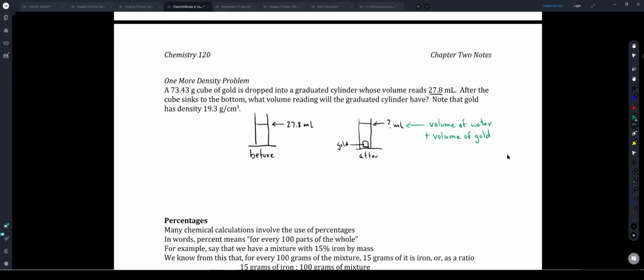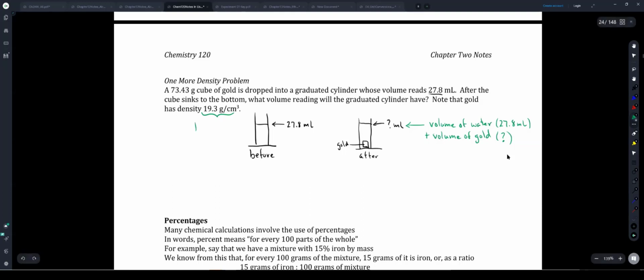It's 27.8 milliliters. But we don't know the volume of the gold. So I am going to treat this as a conversion factor.